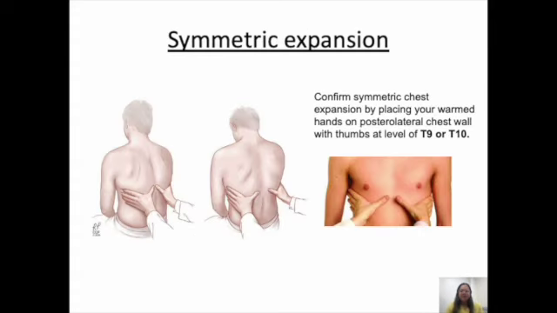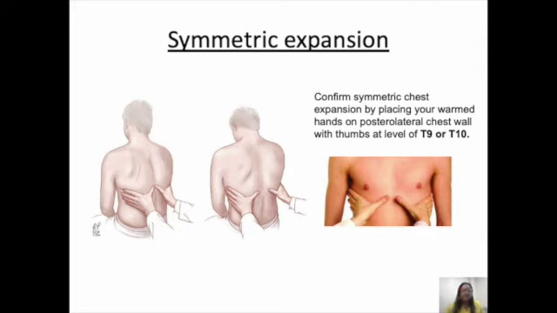So if you go back to the anatomy slides in the beginning, you can see that mid-scapular, the most inferior edge of your scapula is about T8. So if you can find that and you just move down just a little bit, you can find T9 or 10, or you can count from C7, T1, and go down. Basically, you need this landmark to find the symmetric expansion.